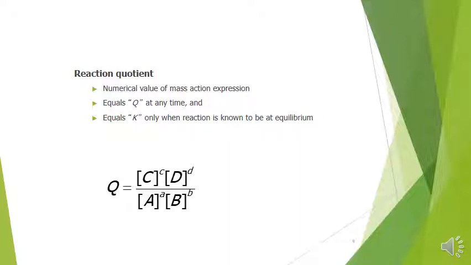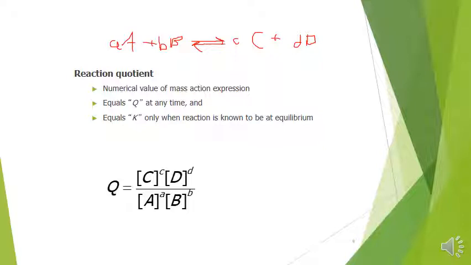So if we had a reaction aA plus bB going to cC plus dD, maybe when we first start the reaction, let's say we just had reactant, it's not going to be at equilibrium, but we would still like to measure the ratio of our product to reactant.